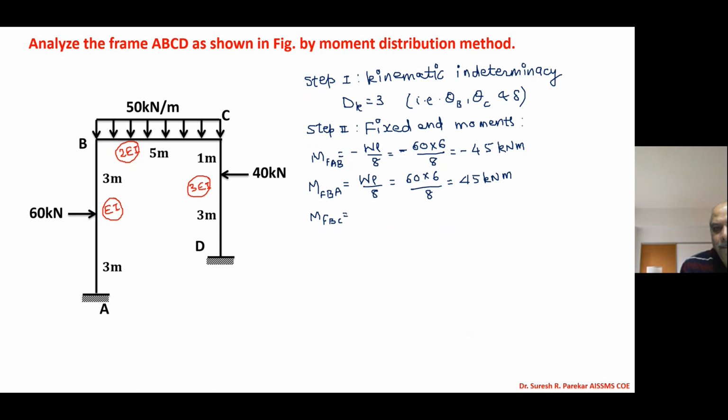MFBC equal to minus WL square by 12, so minus W L square by 12.